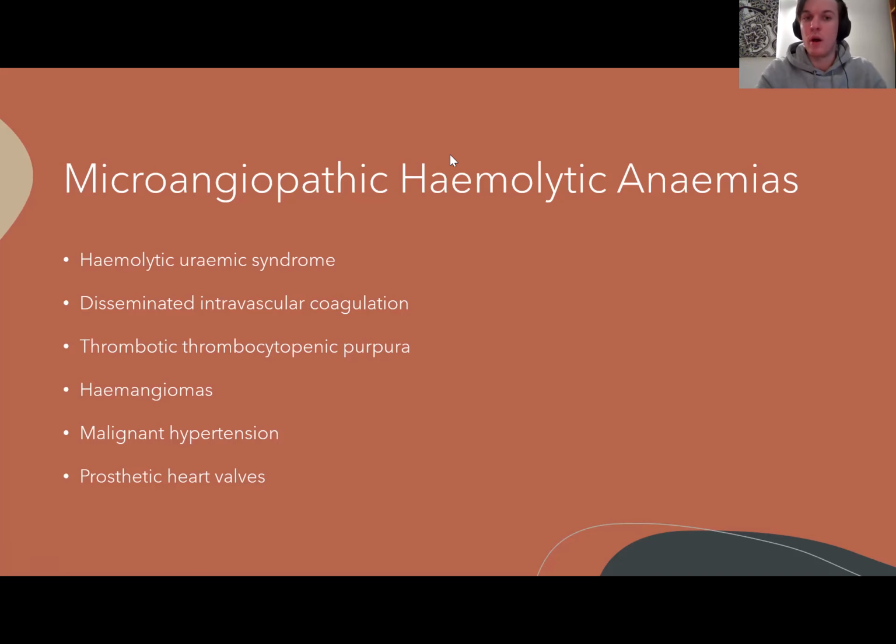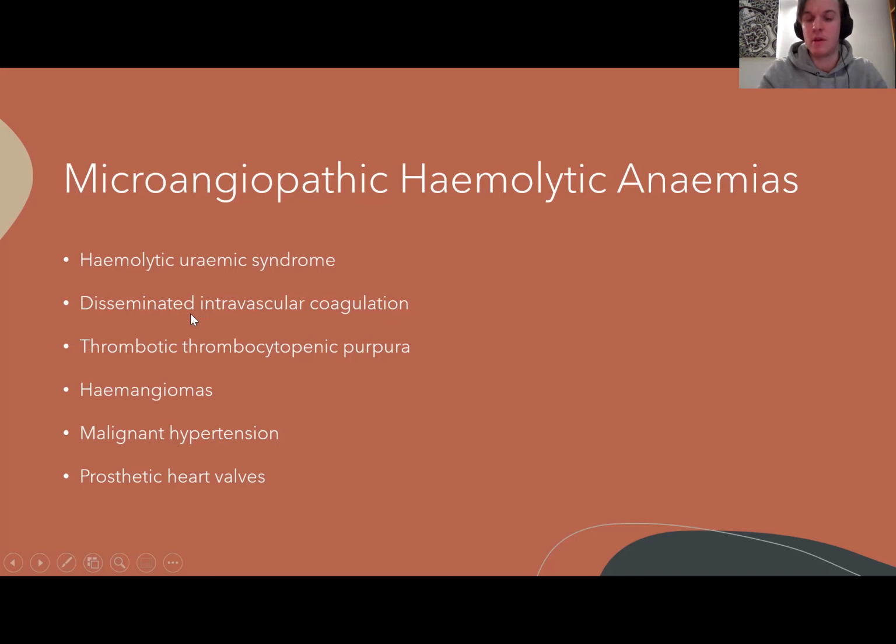These tend to make people quite unwell. And the most serious form of microangiopathic hemolytic anemias is disseminated intravascular coagulation. People get really, really sick with this. So if you've got somebody who is bleeding, they tend to bleed even though it's pro-coagulopathic. You're clotting in little vessels and it's not stopping the bleeding.